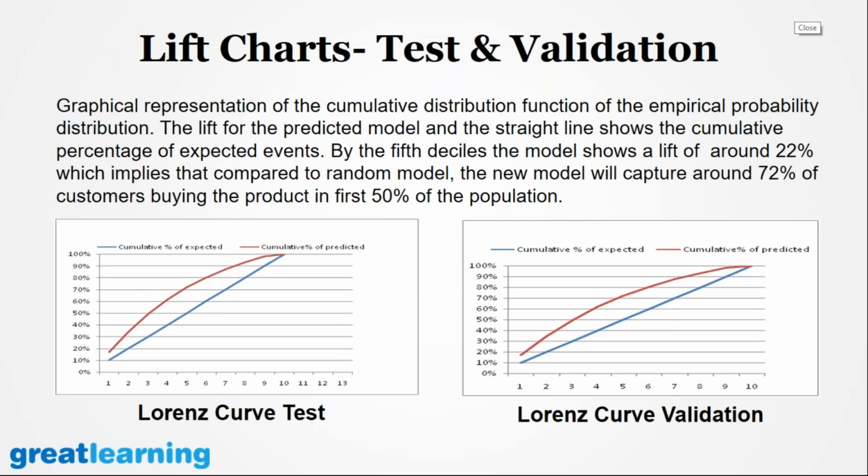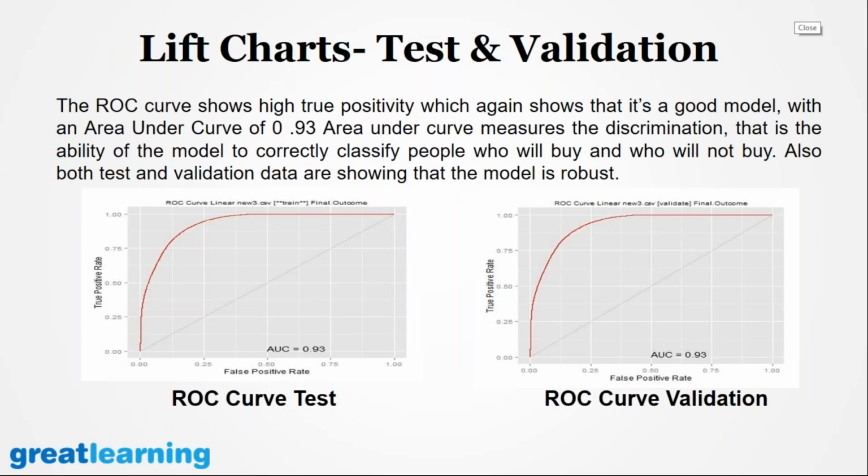What that means is the top 50% of your population is contributing towards 72% of the orders, and the other half is contributing just 28%. That's what this graph tells us.